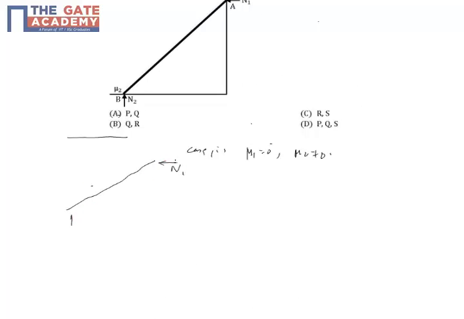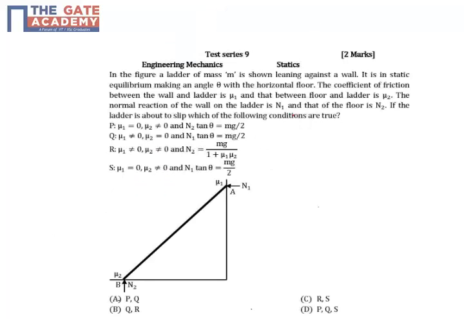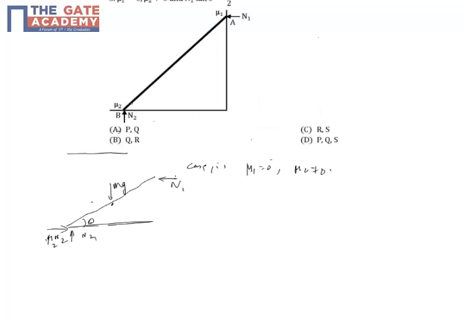Only the forces N1 and N2 act, and it is about to slip here, so you will have mu2 N2 here, and mg will act in this way. This is the angle theta with the horizontal level.